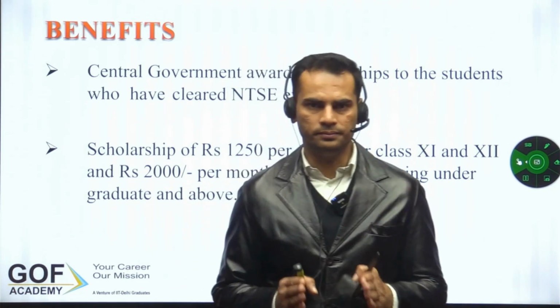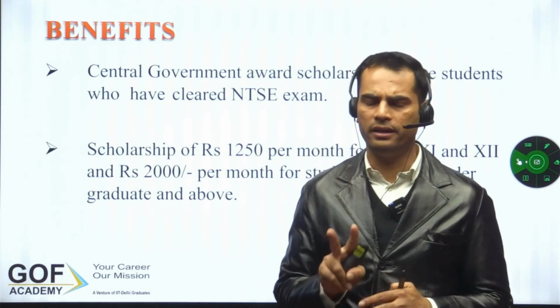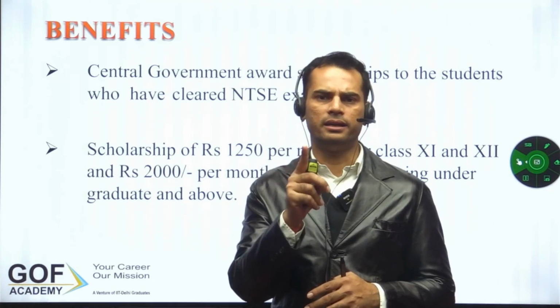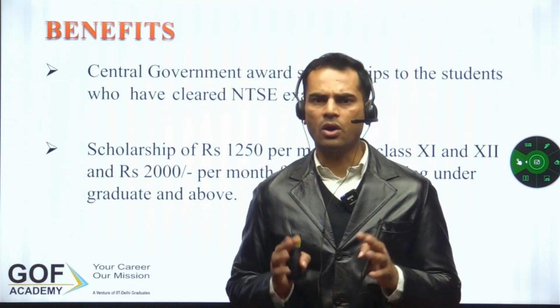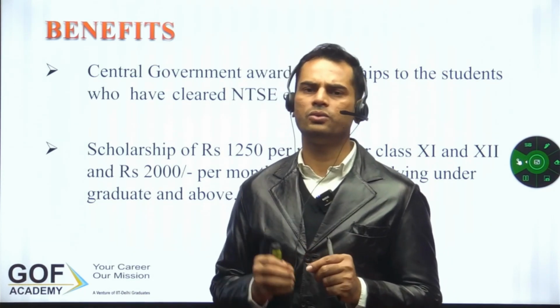Till now, 2000 scholarships are awarded every year. That means 2000 students are selected across India who qualify this examination. A scholarship amount of 1250 rupees per month is awarded to the student who qualifies it.